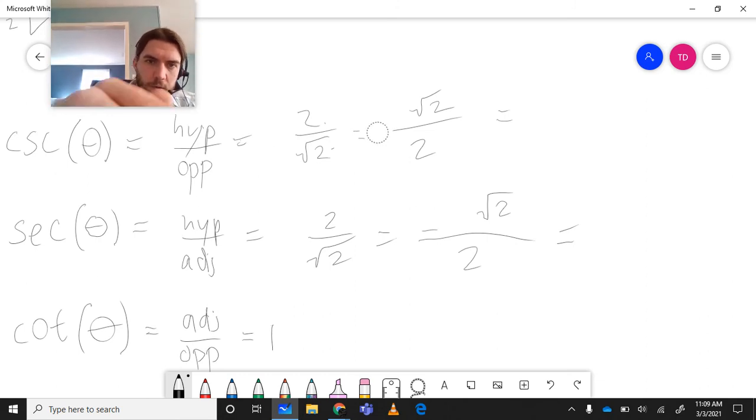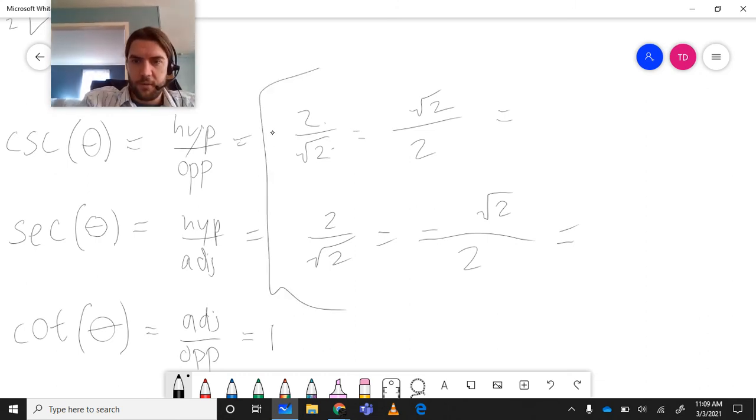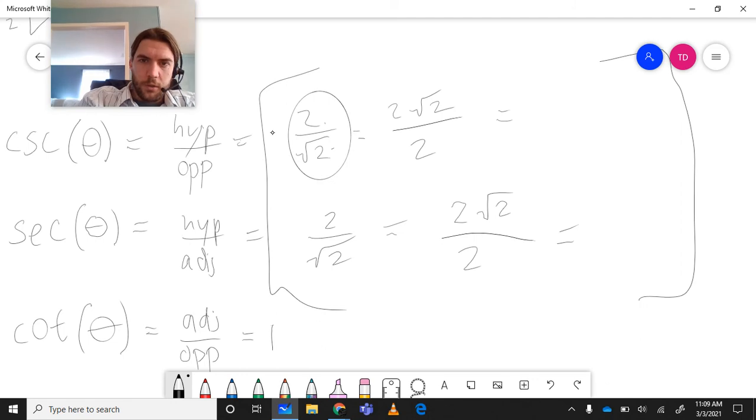I'm just going to box this off and say this is now a new example that I'm talking about. Well, sorry, I can't do it that way, right? They would only be equivalent if I had that 2 up there. Okay, so I'm going to compare these two values. 2 over root 2 to 2 root 2 over 2. I'm going to say why the one on the right is better.